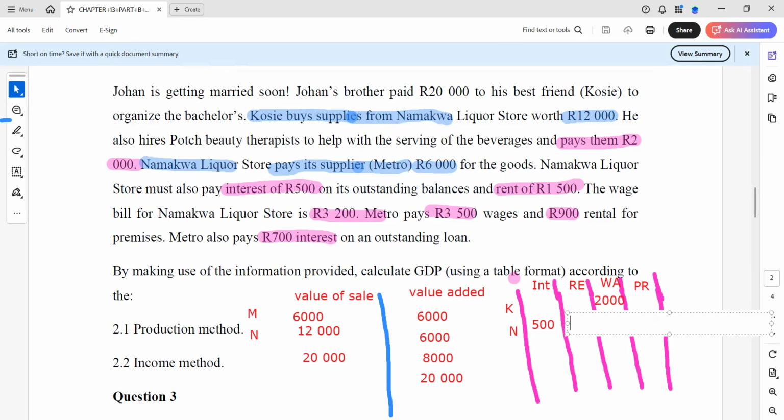So rent here is 1,500. And then the wage bill for Namakwa liquor store is 3,200. So the wages is 3,200. Let me try to move this one. So it's 1,500, and then the wages are what?